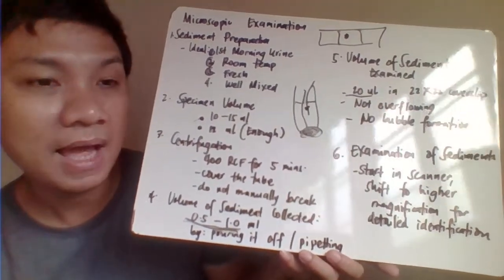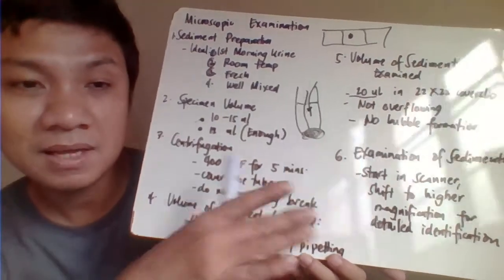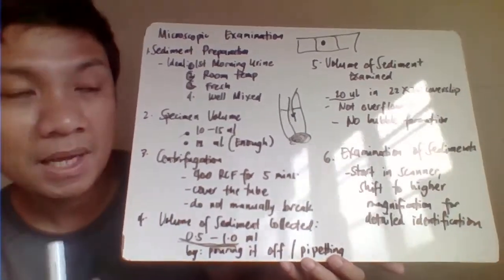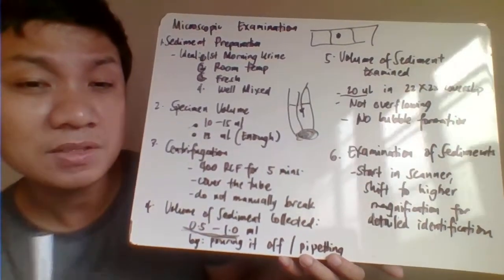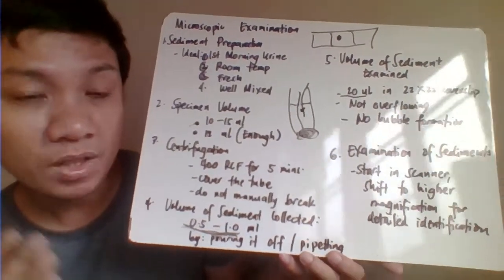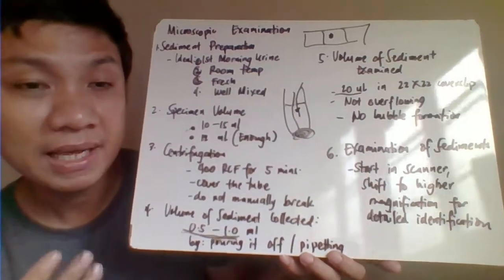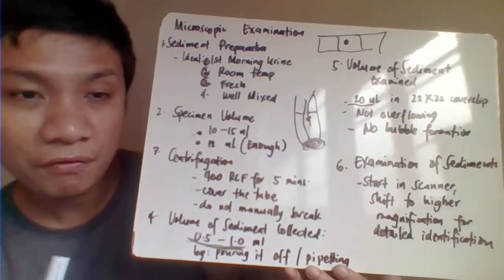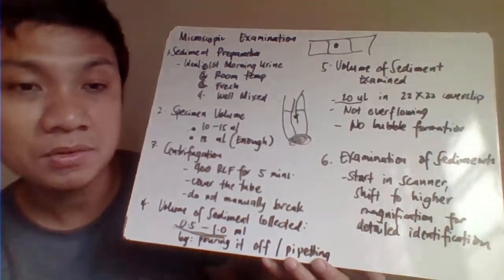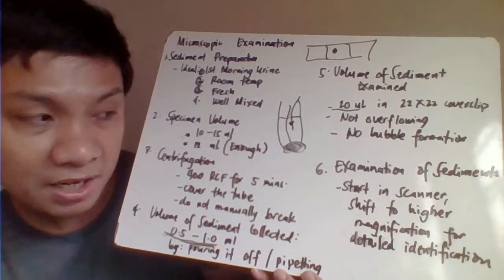Pag hindi mo siya nakita, baka, di ba, pag minsan, pag nag-examine tayo under the microscope, iba ang nakikita mo. Meaning to say you are not yet on the correct dimension or you are not yet on the sediment itself. So again, try to look for the squamous epithelial, so if you happen to see that one, you are already in correct dimension.